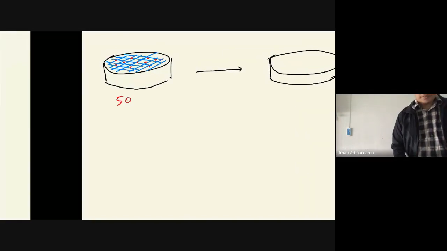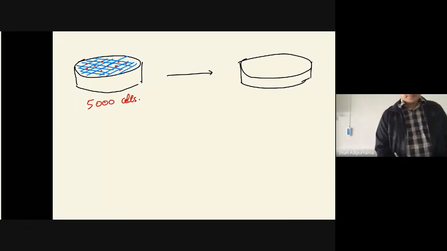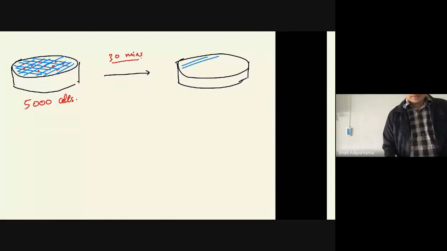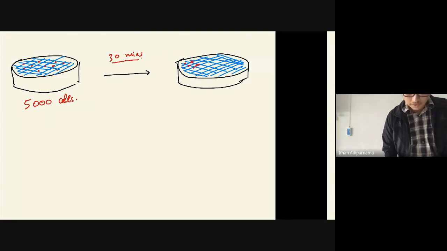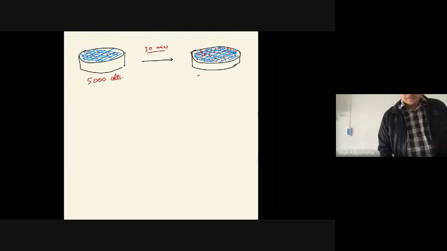Let me write this, 5,000 cells, and the time is 30 minutes. And the cells are getting increasing in number. Let's say this is becoming 20,000 in just 30 minutes.